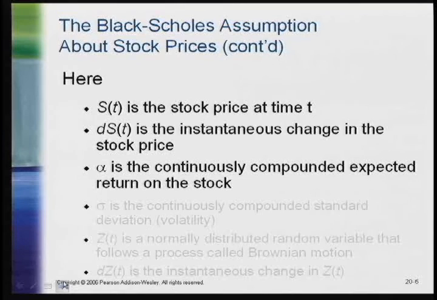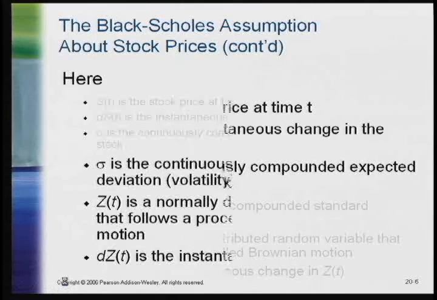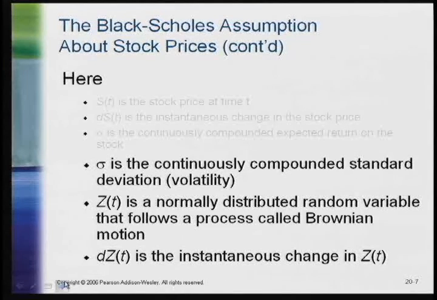Alpha is a continuously compounded expected return, as it's been before. Sigma is the continuously compounded return volatility, or standard deviation. Z of t is a normally distributed random variable. We'll see in a moment that z of t is a normal variable with a mean of 0 and a variance of t.